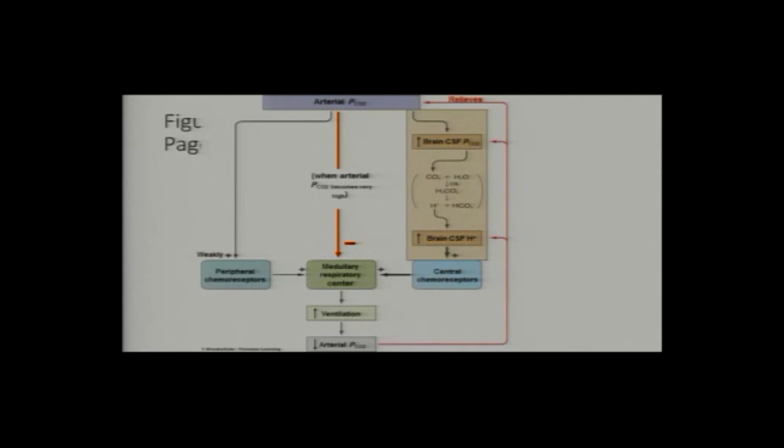We're going to get to this, and you may have already talked about this in some of your classes, but when you talk about a change in the pH of the body, you talk about it in terms of an acidosis versus an alkalosis, and there's a difference between a respiratory acidosis and a metabolic acidosis. A respiratory acidosis is caused by an elevation in CO2 and CO2-derived acid in the blood.